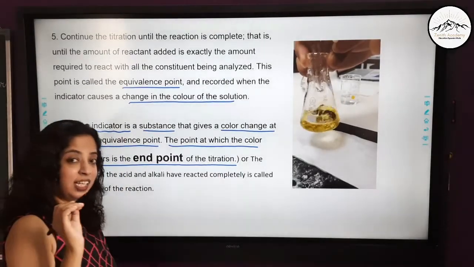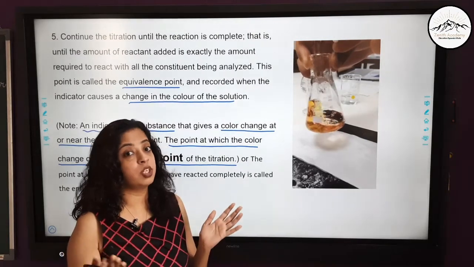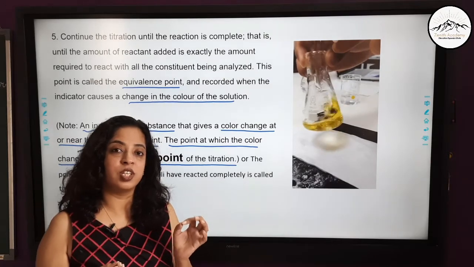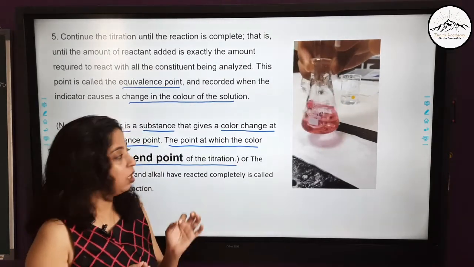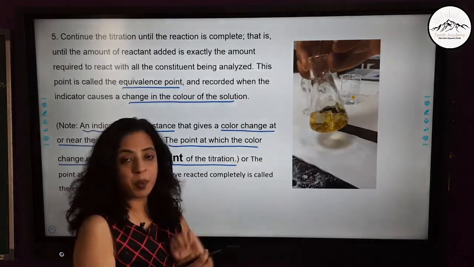Okay, this is slightly tricky. Some indicators do not show a color change when the solution is neutral. When will it show a color change? When the solution is either acidic or basic. Now suppose when the solution is basic, the color was pink.